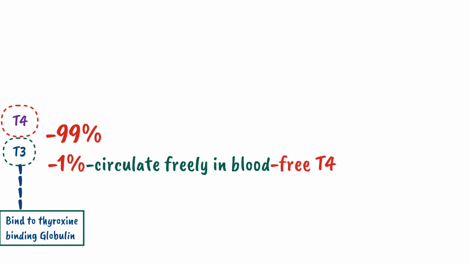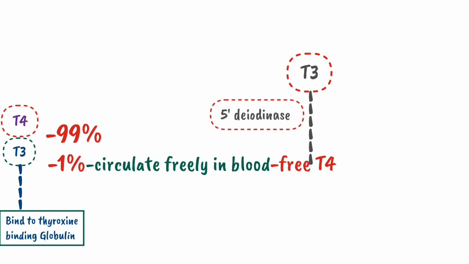This free T4, before becoming metabolically active, will convert itself into T3, which is a more potent form, by the enzyme 5' deiodinase. It was all about the synthesis of a thyroid hormone.